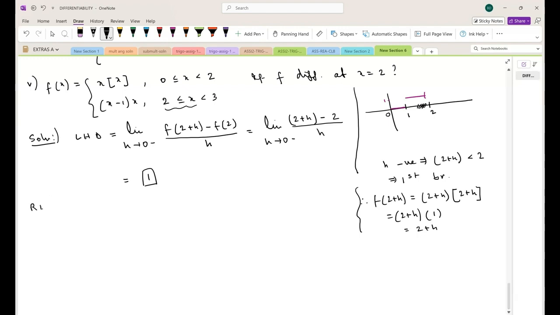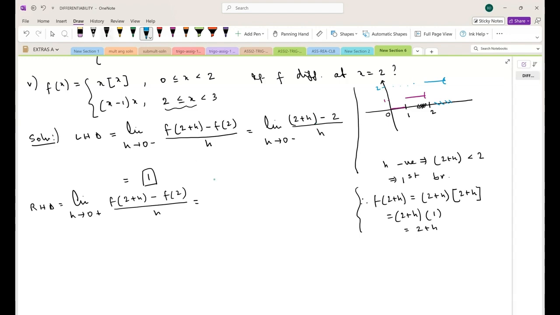Now let us check the right hand derivative. Limit h tends to 0 plus f2 plus h minus f2 by h. So h is positive, so 2 plus h is now this here, 2 plus h, and for this region the value of the function is 2, right?